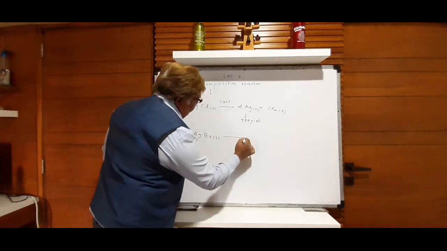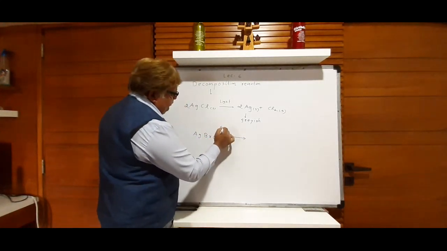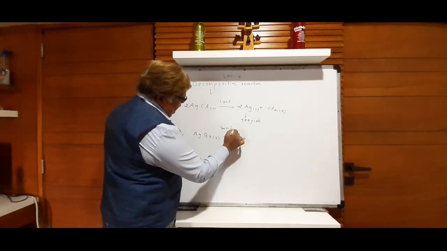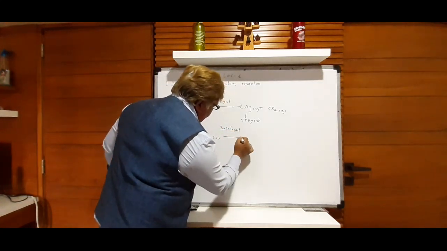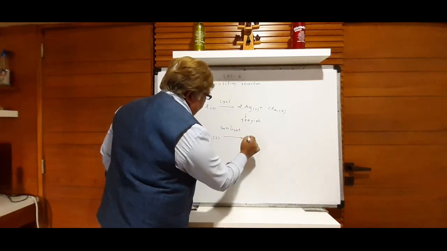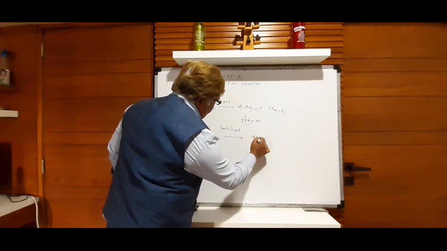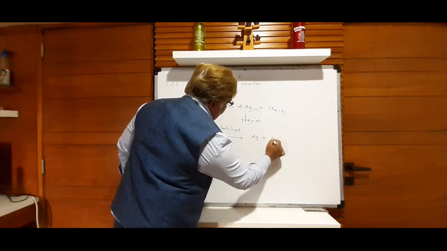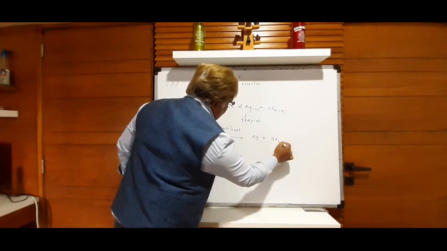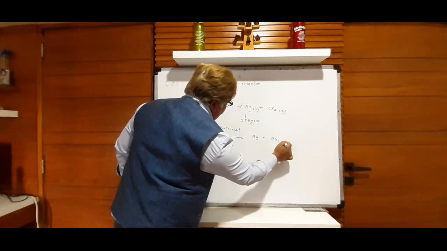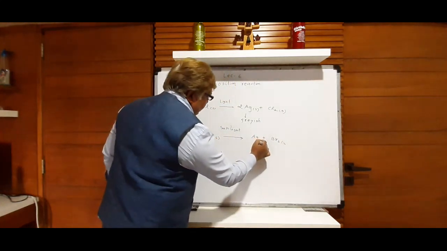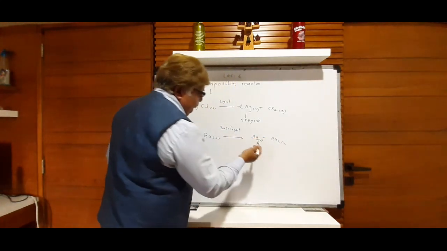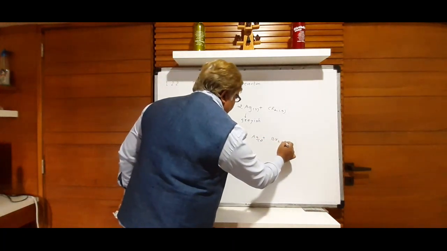When exposed to sunlight, what happens? It decomposes into silver and bromine. Understand? Again, to balance, as you all know, silver bromide is broken down, decomposed into silver and bromine.